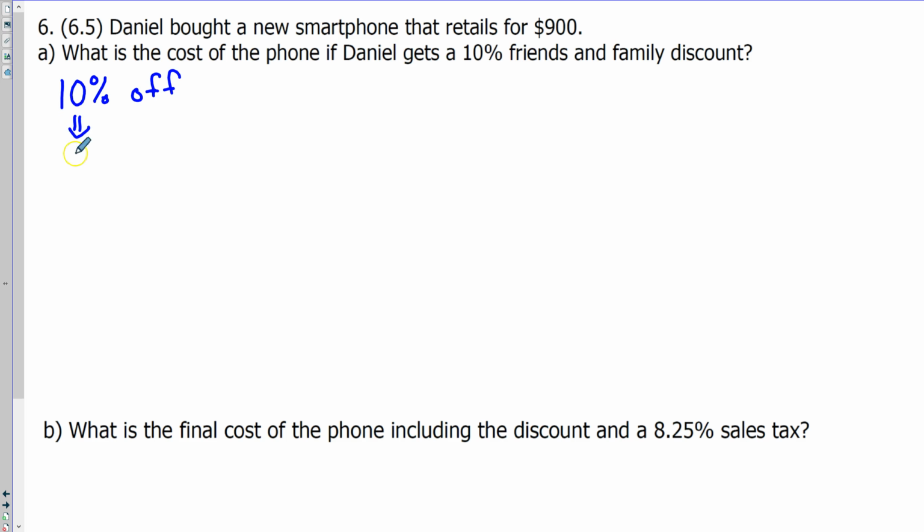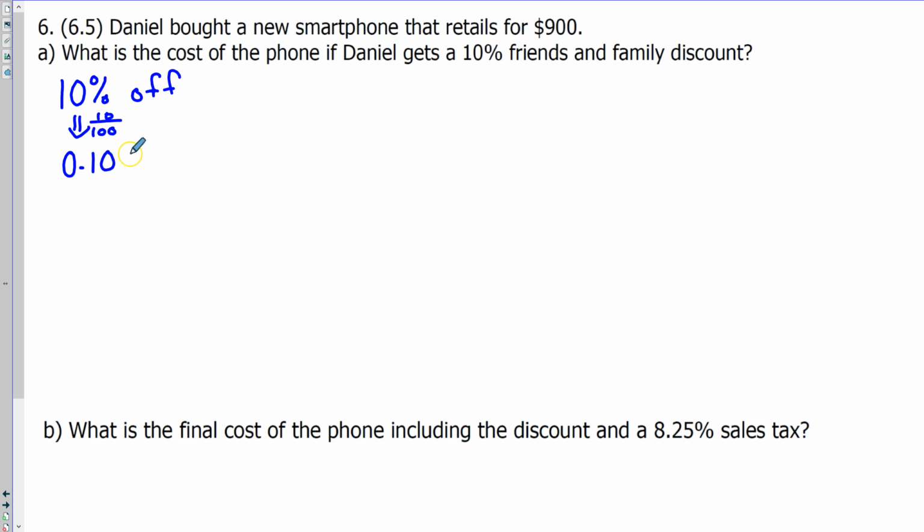This value in real life is a decimal. It's 0.10. So when you have it written in the percentage form, you need to make sure that you convert that into the decimal form before you do any math. If you're going to do any math on a percentage, you have to write it in the decimal form. How I could get from 10 to 0.10, that's dividing by 100. That's 10 out of 100.